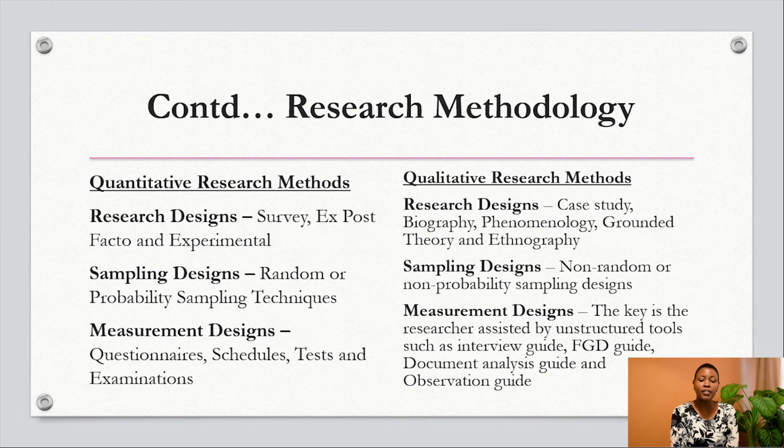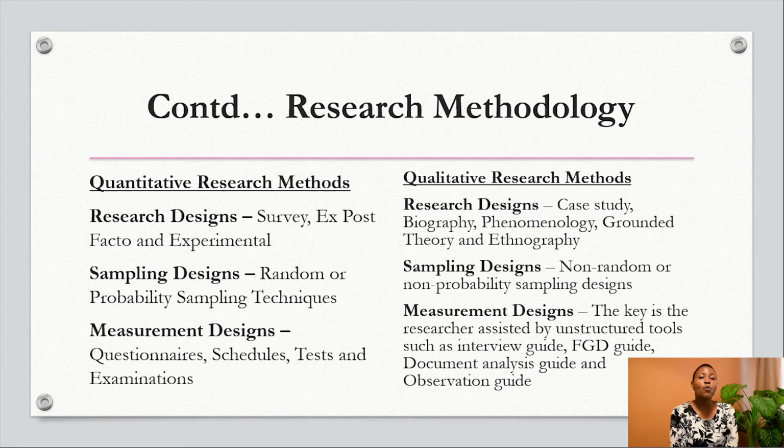So we have said the methodology is based on the approach and the philosophy, and it encompasses the research design, sampling design, measurement designs, and methods of data analysis. We shall discuss analysis later on, but we will ask ourselves, if a study is quantitative, which designs do we use?